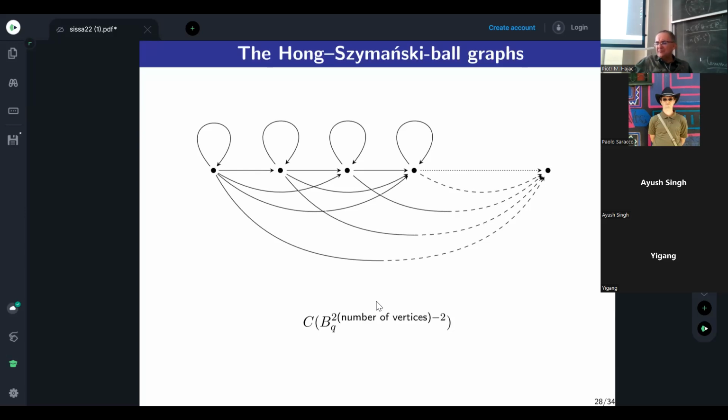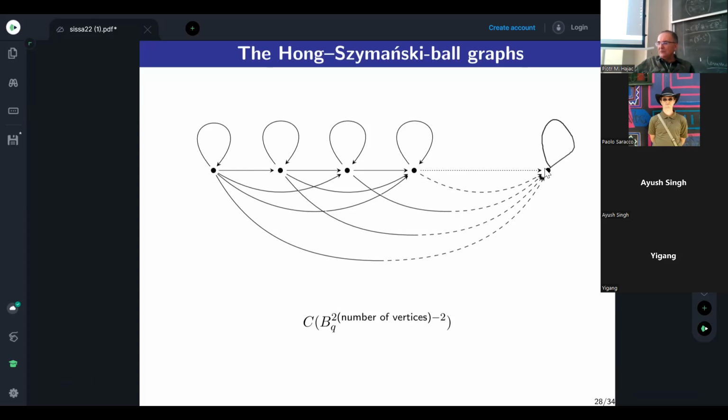You can still have some nice presentation by generators and relations, but here the situation was kind of reversed. You first had the graph C-star algebra, and then you relate it to the quantum sphere. And you see the difference between this graph and the previous graph is that I have no loop here. So this loop is gone.